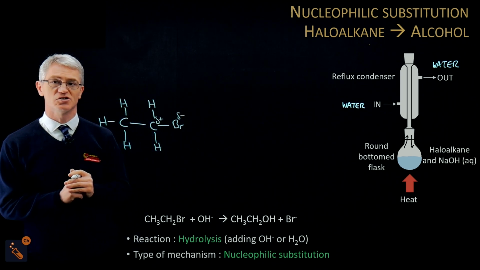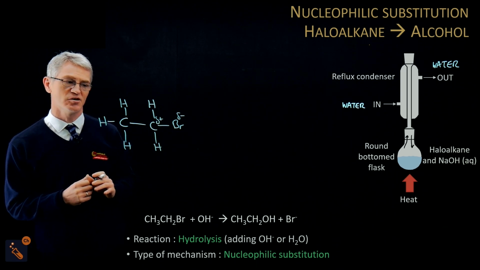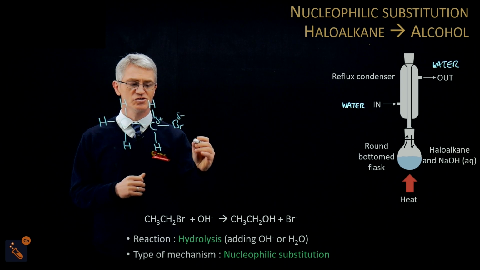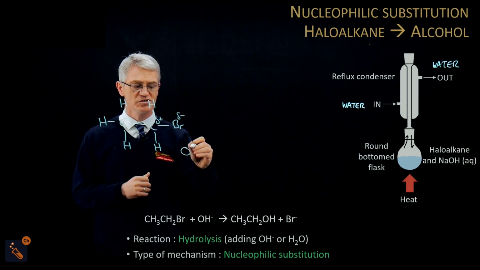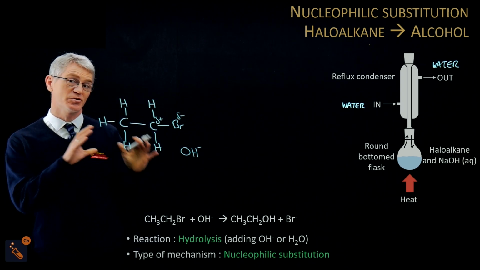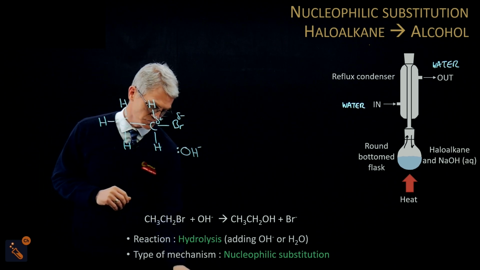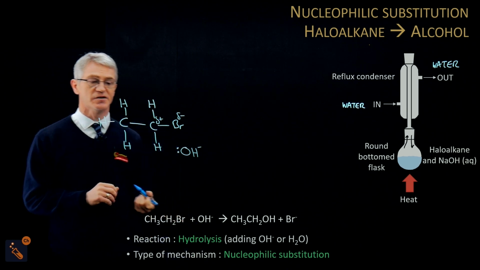Okay, so you've got your dipole there because bromine is more electronegative than the carbon. You then draw your other part and you can see here is my OH minus. Okay, and from the previous one, hopefully you remember that you've got a lone pair of electrons right there.